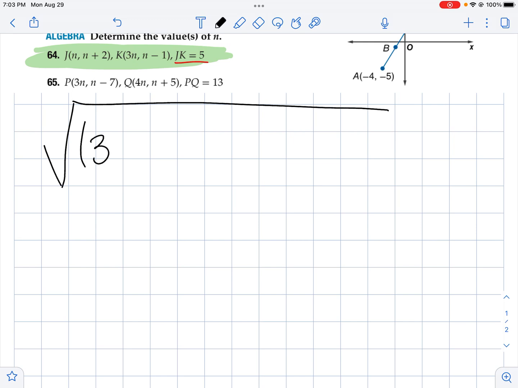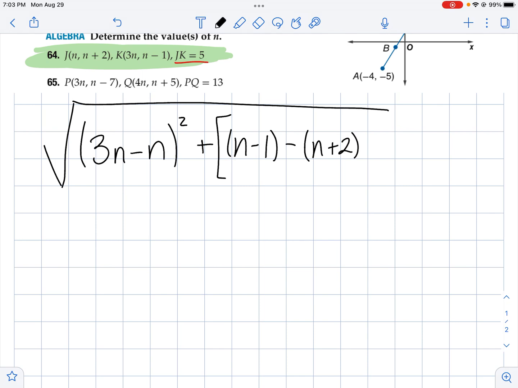I'm going to say (x2 minus x1) squared plus (y2 minus y1) squared. If I take the square root, I should get the distance of 5.